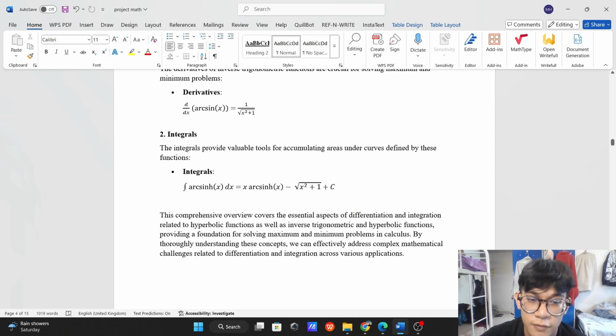This comprehensive overview covers the essential aspects of differentiation and integration related to hyperbolic functions as well as inverse trigonometric and hyperbolic functions, providing a foundation for solving maximum and minimum problems in calculus. By thoroughly understanding these concepts, we can effectively address complex mathematical challenges related to differentiation and integration across various applications.